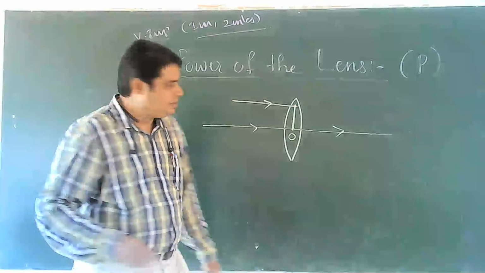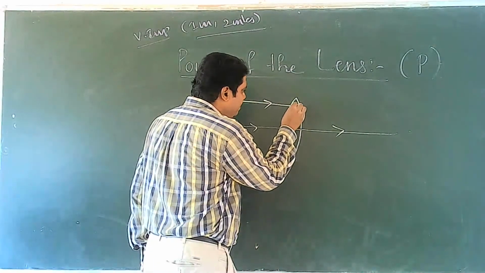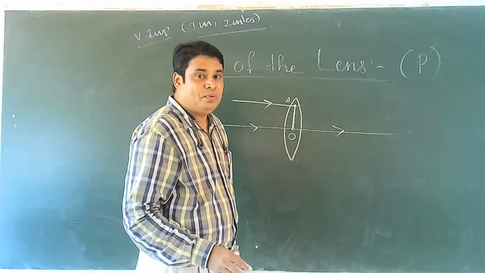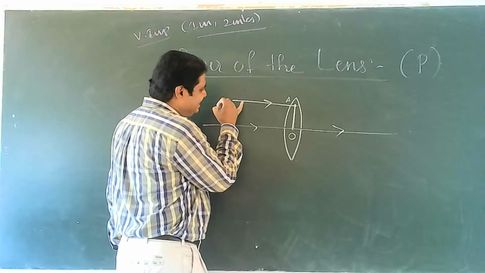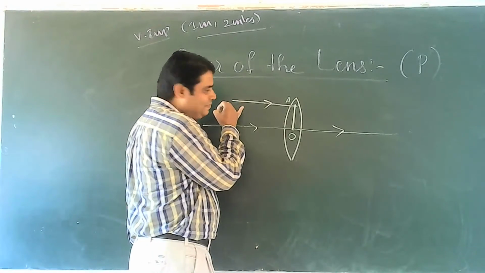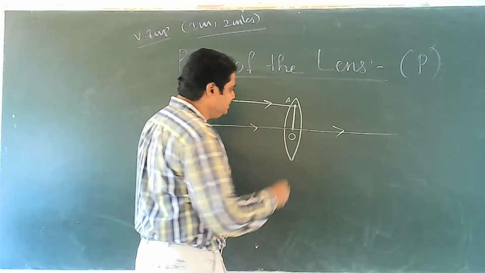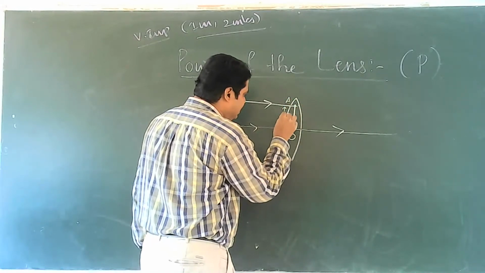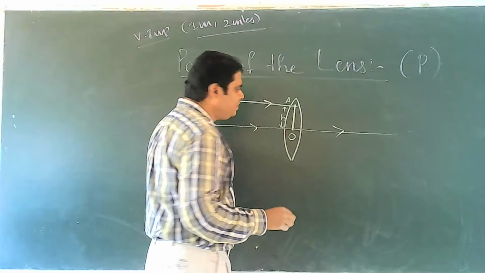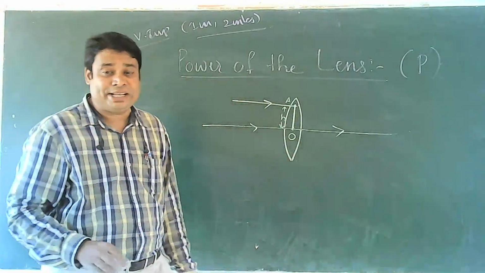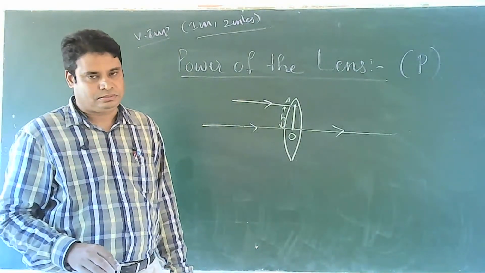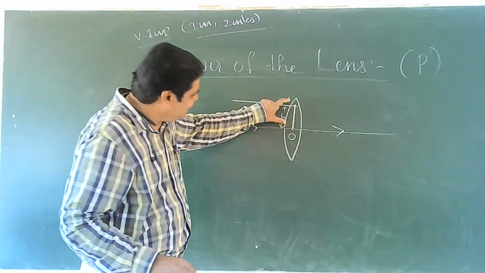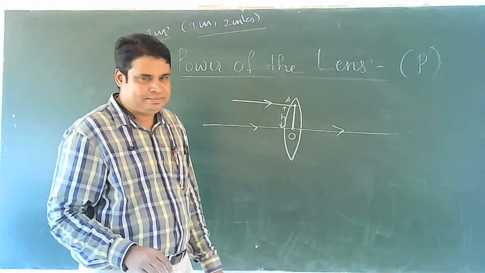Let the point be A, where this incident ray touches the surface. The distance between O and A is represented as h, or height. Height, or distance between O and A.